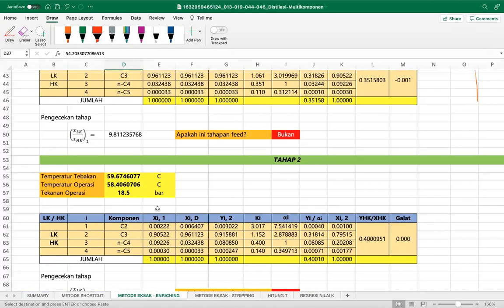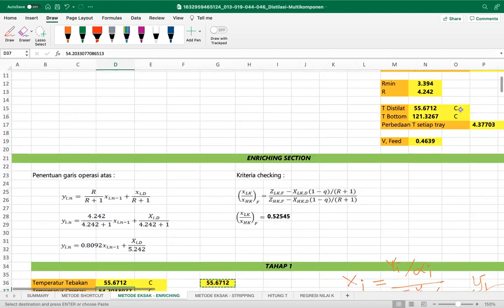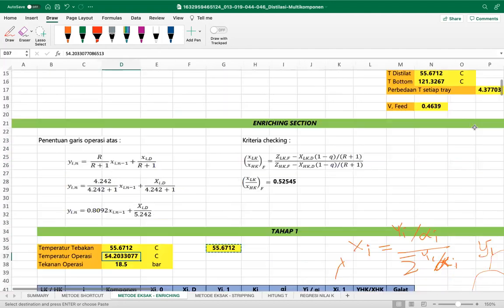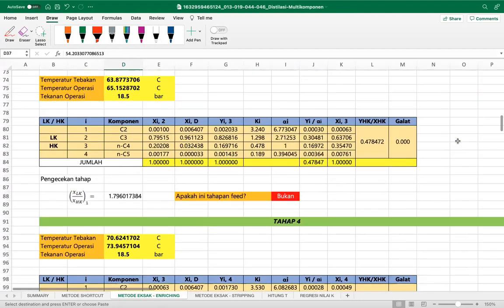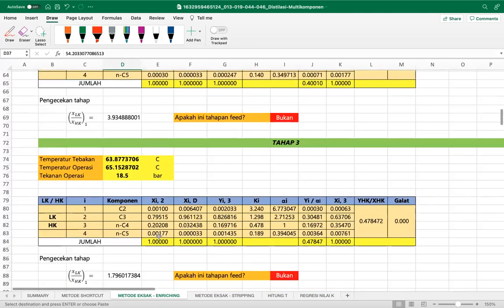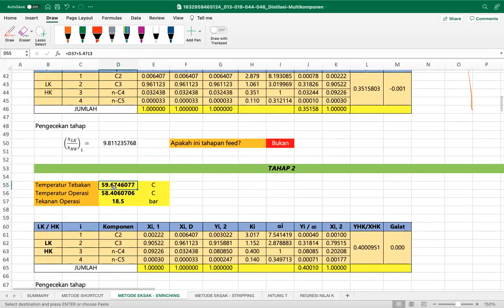next stage. Okay, the next stage again we use tebakan, yeah, the guessing temperature based on temperature operasi, this one, plus the delta. Or maybe just the initial one is fine, the initial temperature.